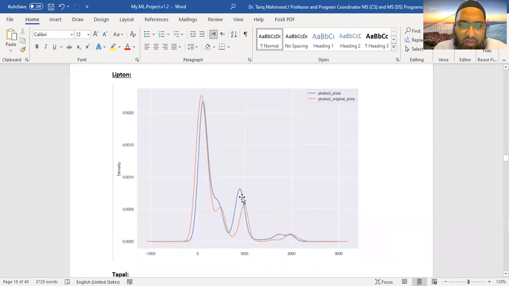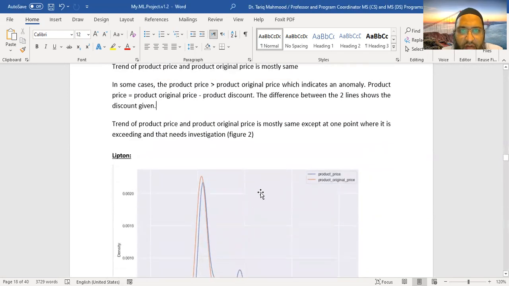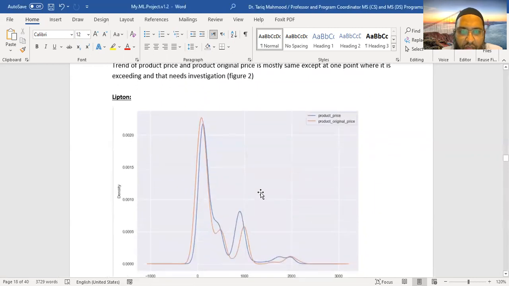For example, in this case, you can see that this blue is more than that, but they should be the same. So typically the original price should be more, and the distance between them should tell you the discount. So you can see typically we don't have that many discounts, and in this case, when the blue is above the orange one, that represents an anomaly, and we need to investigate why this is happening.